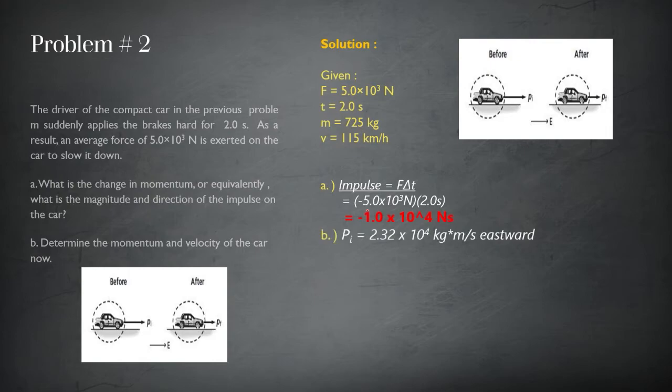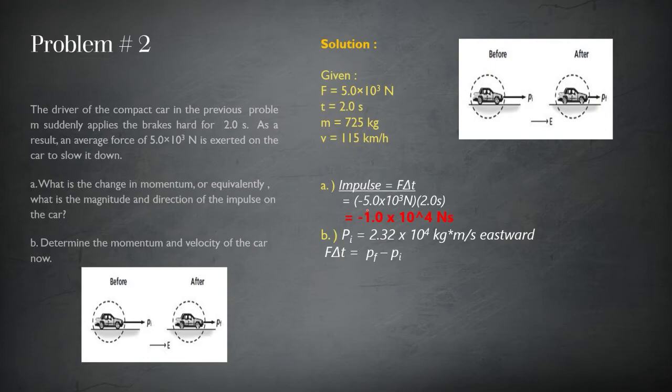For letter B, the initial momentum that we solved in the previous problem is 2.32 × 10^4 kilogram meters per second going eastward. We also have a formula for the impulse, which is your force multiplied by the change in time, and is also equal to your change in momentum, that is, the final momentum minus the initial momentum.